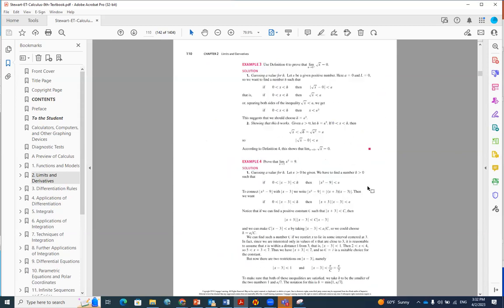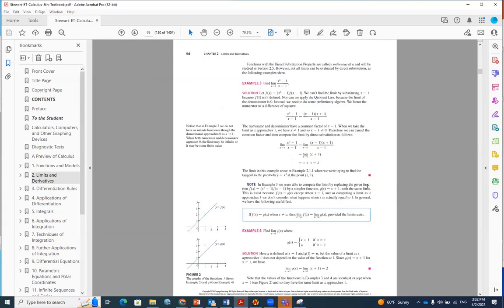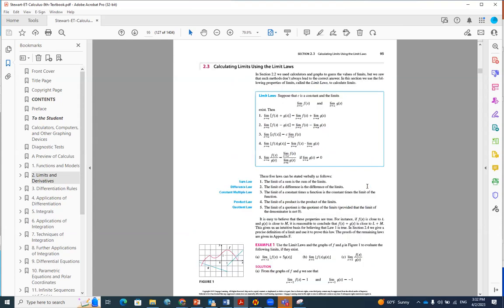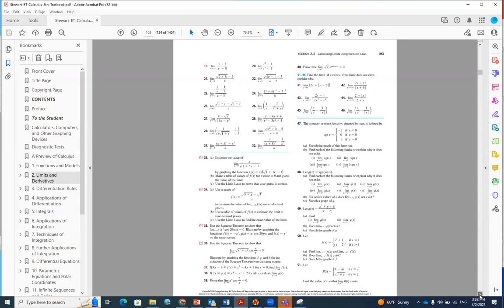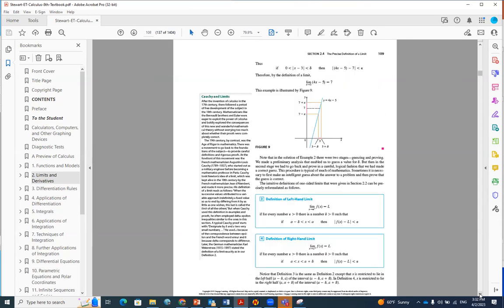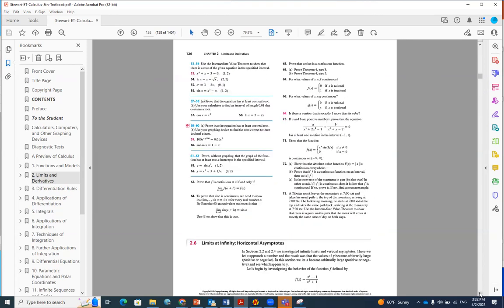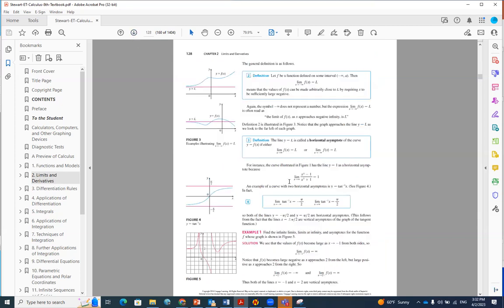Let me find you the definition. You actually do have the definition. Oh, it's 2.6, I'm sorry. 2.6, limit at infinity, horizontal asymptote. Lots of examples.